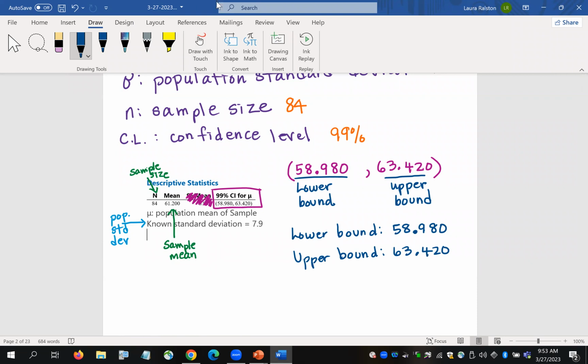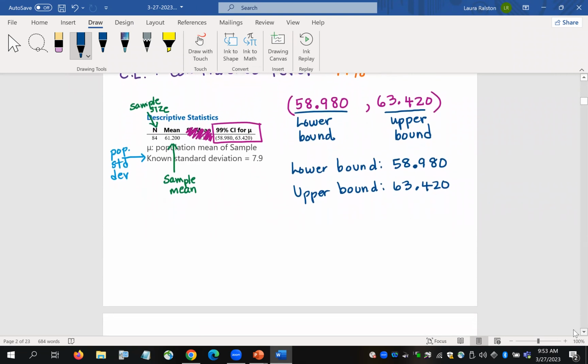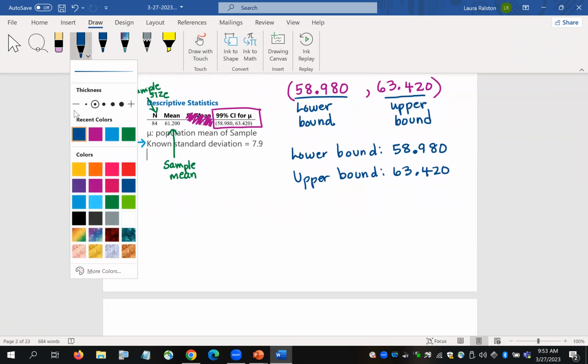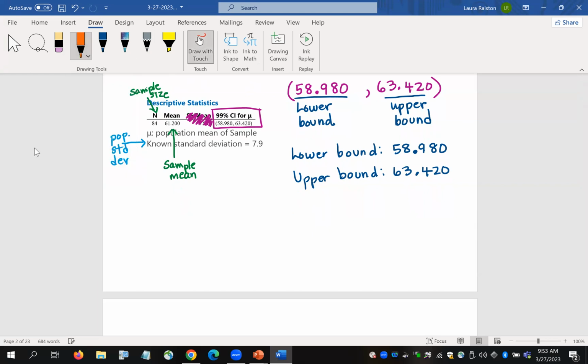Both of those items come from the Minitab output. Usually the next question asks you for the error bound for the mean.